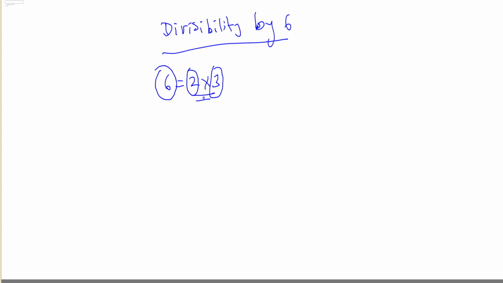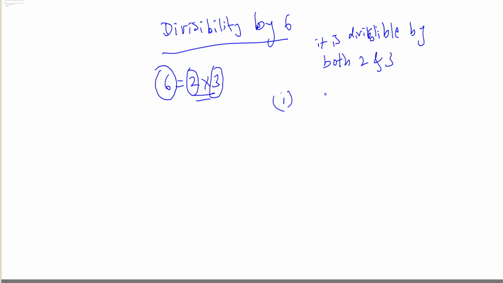I can say that if it is divisible by 6, two things: both it should be divisible by 2 and 3.